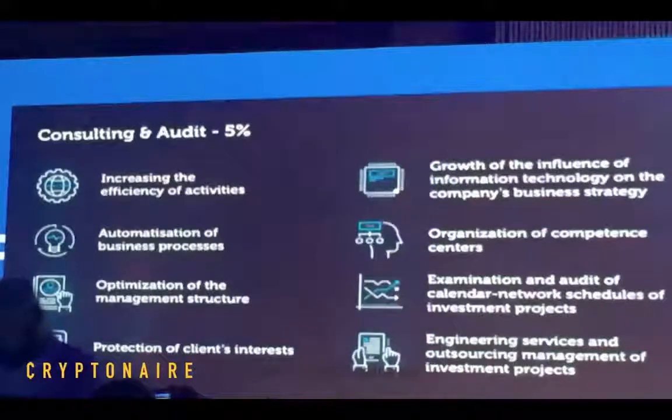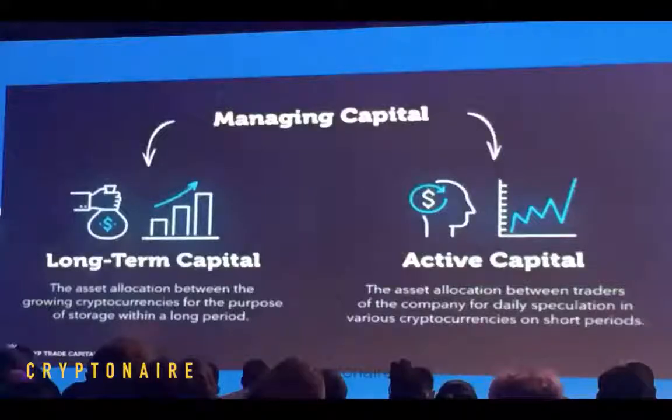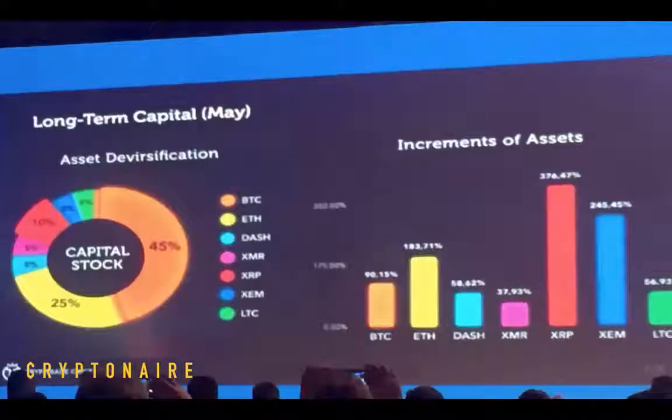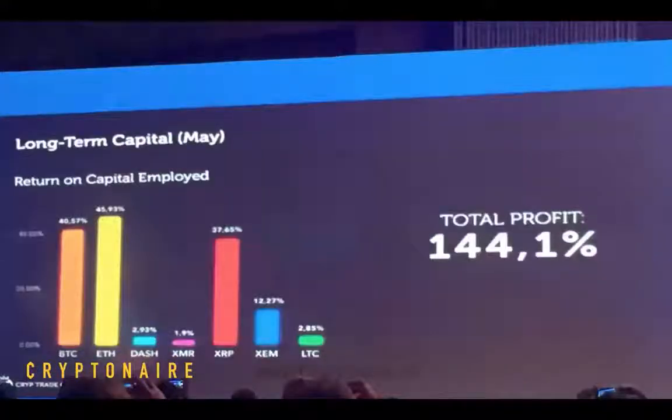So it was brilliant to see the growth that they're spearheading across many different markets, and of course the cryptocurrencies themselves. They went over numerous growth figures according to specific cryptocurrencies like Bitcoin, Ethereum, Litecoin, Dash, Monero, Neo.